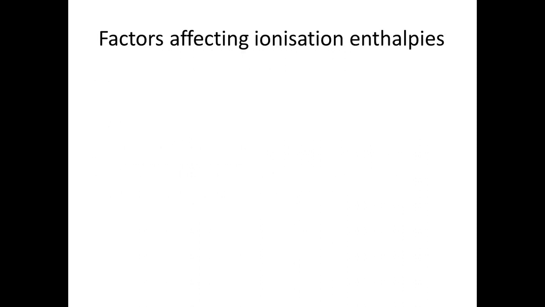Now the factors which affect the ionization enthalpy. Think about it. An atom with a greater size has a low IP. Why? Because the attractive force felt by that electron from the nucleus is very poor.